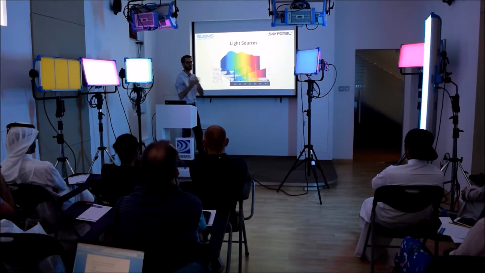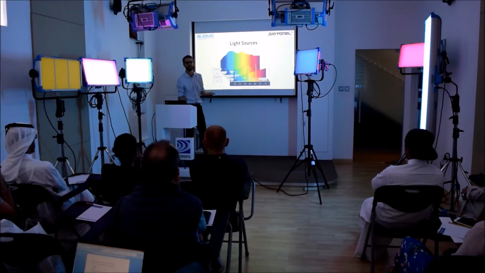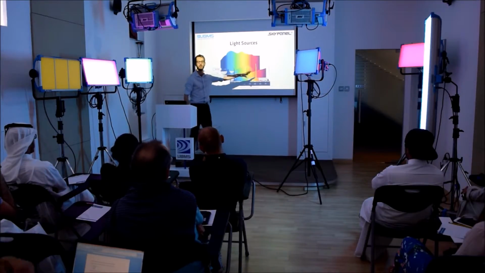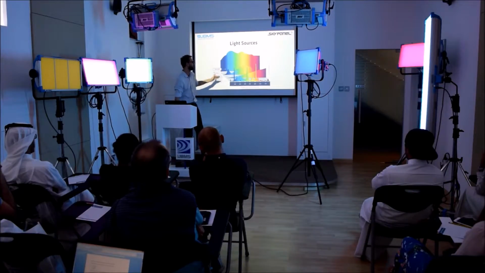Tungsten looks warmer, or more of a gold, yellow color, because intensity-wise, you can see we've got a lot more happening over here than we do over here. So that affects its color. That's why our tungsten lights are a very warm light, because all the action's happening over here on the warm end of the spectrum. But we actually do have everything. It's just the intensities are not all the same.